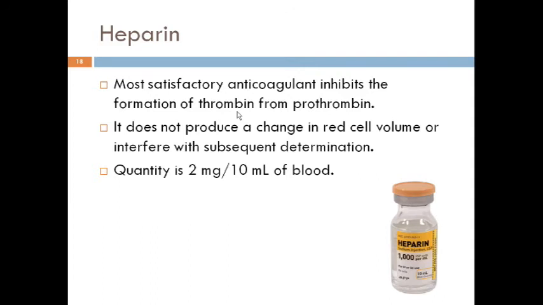Heparin is the most satisfactory anticoagulant that inhibits the formation of thrombin from prothrombin, but it does not produce a change in the red cell volume or interfere with subsequent determinations. The cost of heparin is very high, so we can use an alternative to heparin.